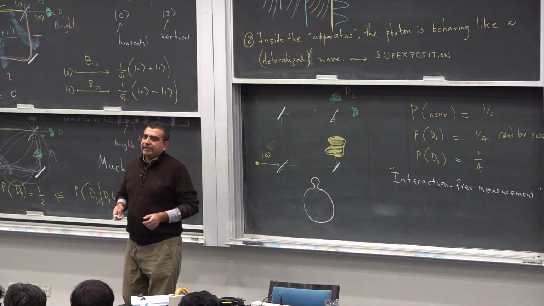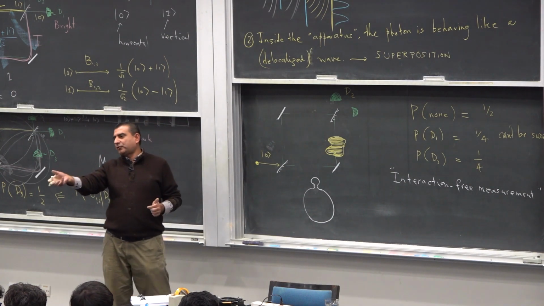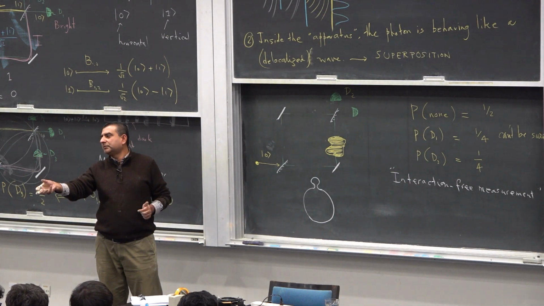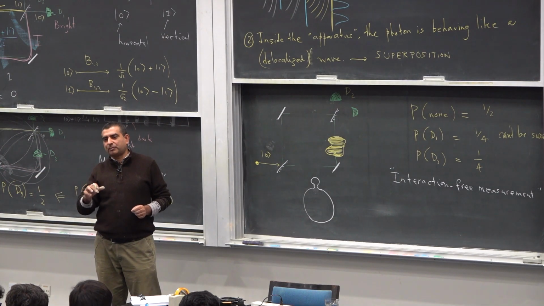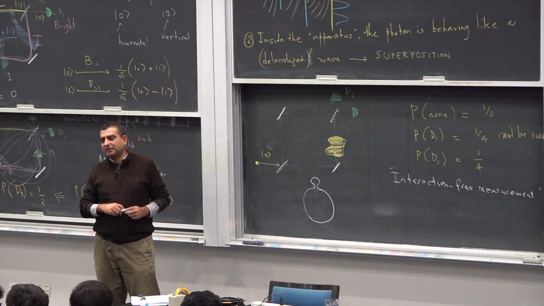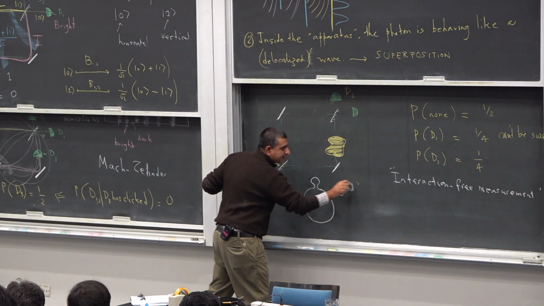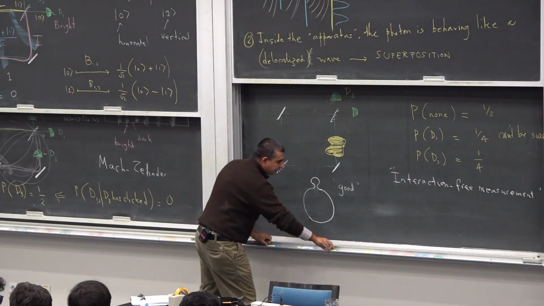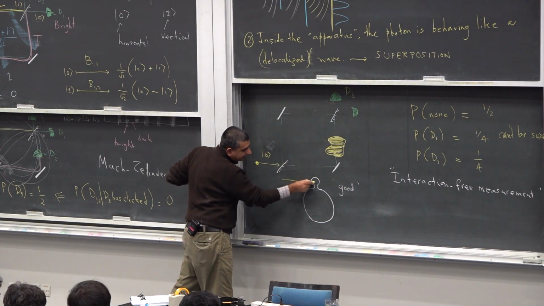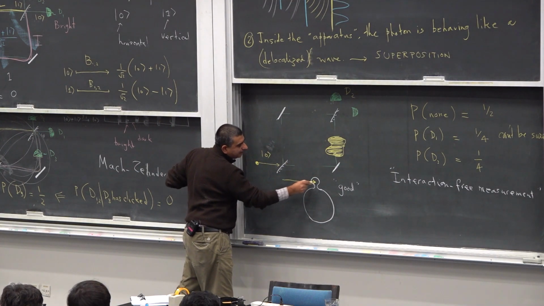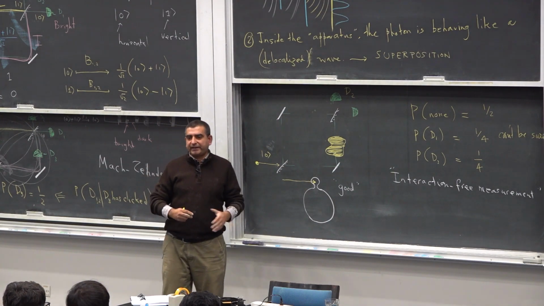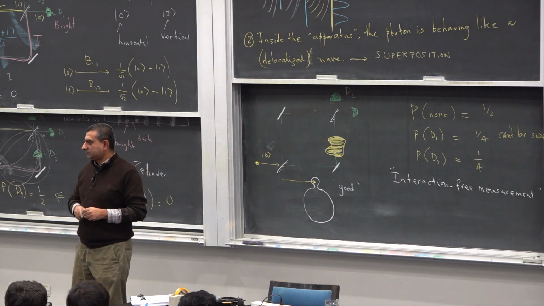Now the bomb has a property that it's triggered by a single photon. Now there are two kinds of bombs, a good bomb and a bad bomb. The good bomb is a perfectly manufactured bomb that when a single photon comes and strikes the ear, it triggers the bomb and an explosion takes place. That's a good bomb.